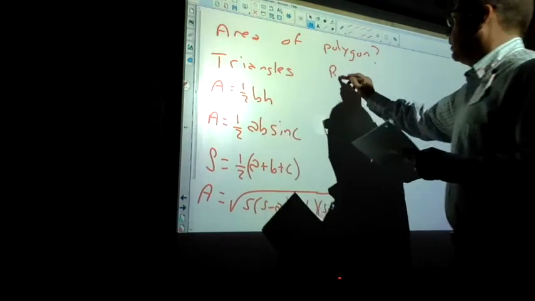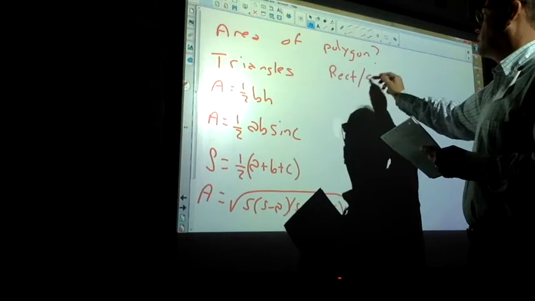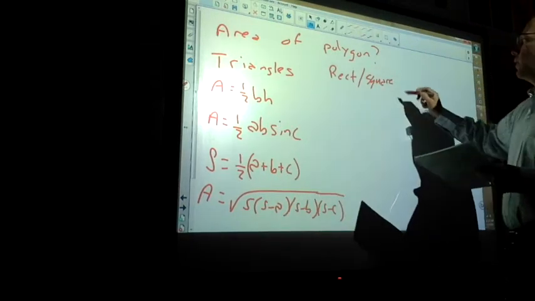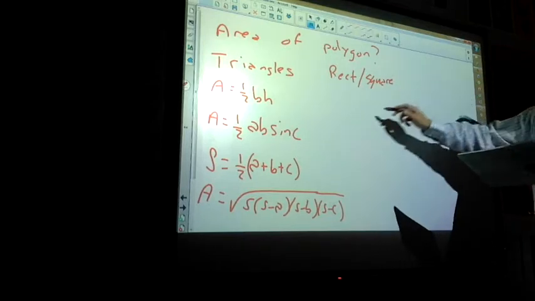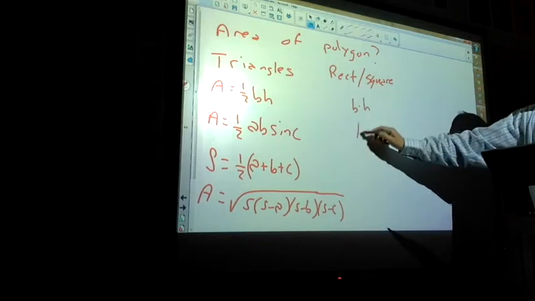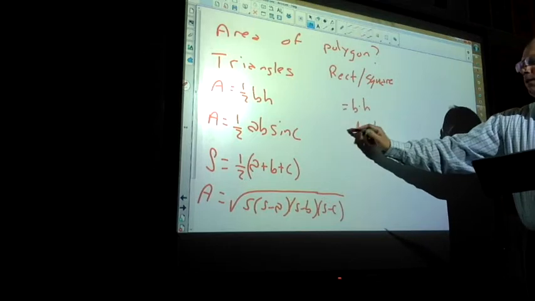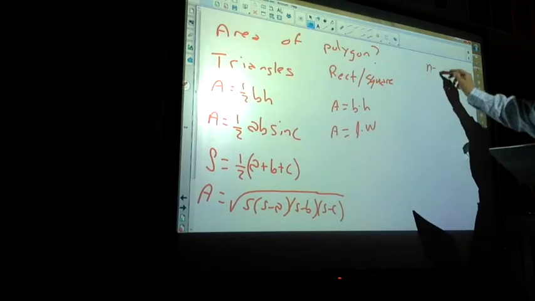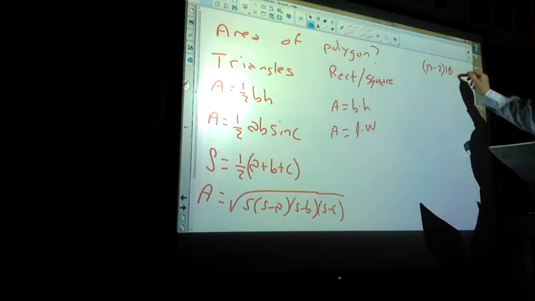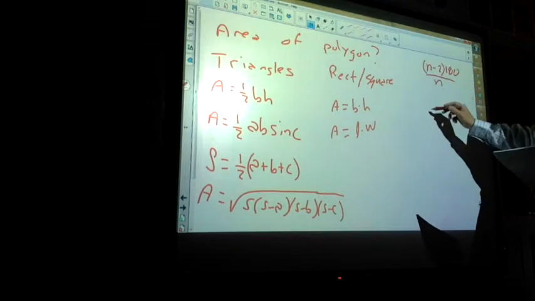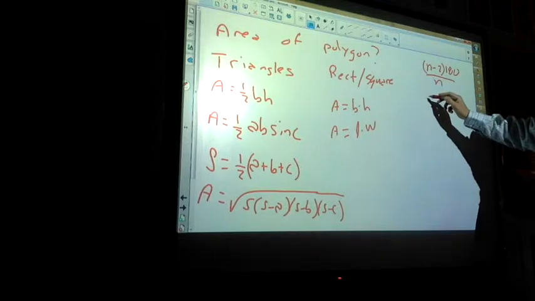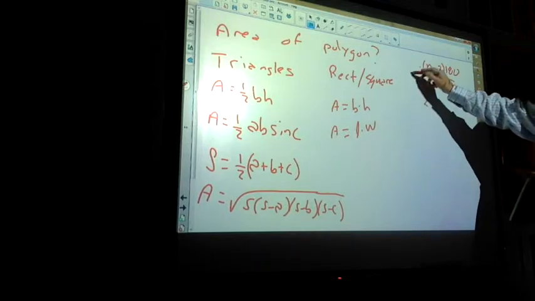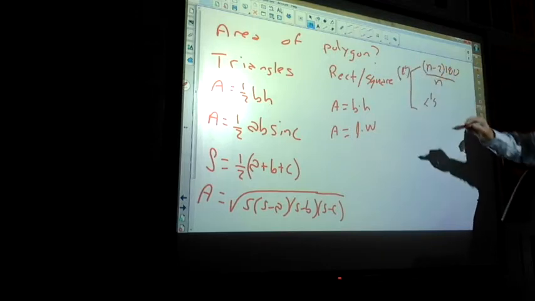You know the old rectangles and squares. Yeah, it's just base times height or length times width. That would find you areas as well. You also know that using n minus 2 times 180 divided by n, and then figure out all the angles. And this is if you have a regular polygon.